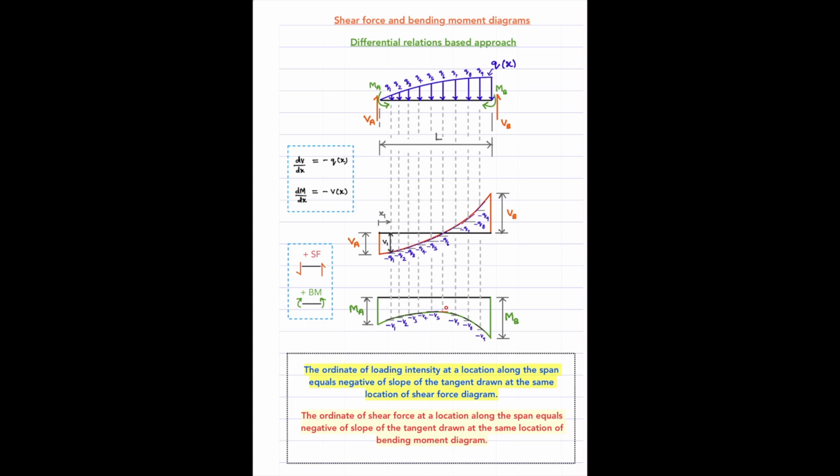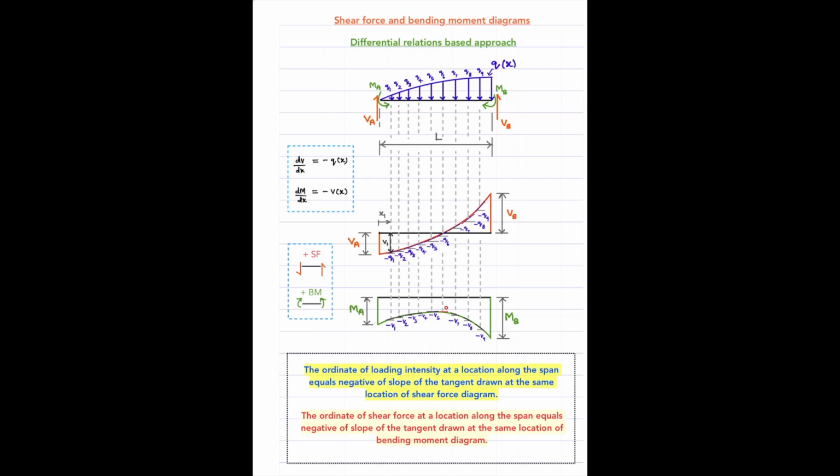If we go by this idea, for instance, if I take a particular location along the span, say this particular location, which is at a distance of x1 from the left end, and I draw a tangent to the shear force diagram and measure the slope of this tangent, what should it be? The slope of the tangent at a particular point, dV/dx, should be equal to the negative of the load intensity at the same location in the actual beam.